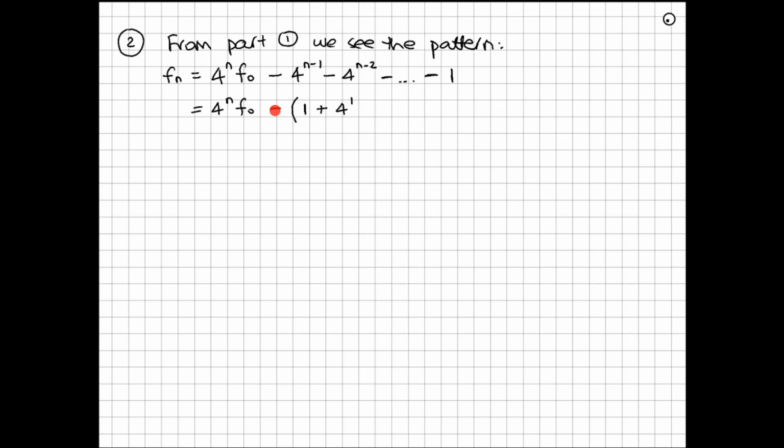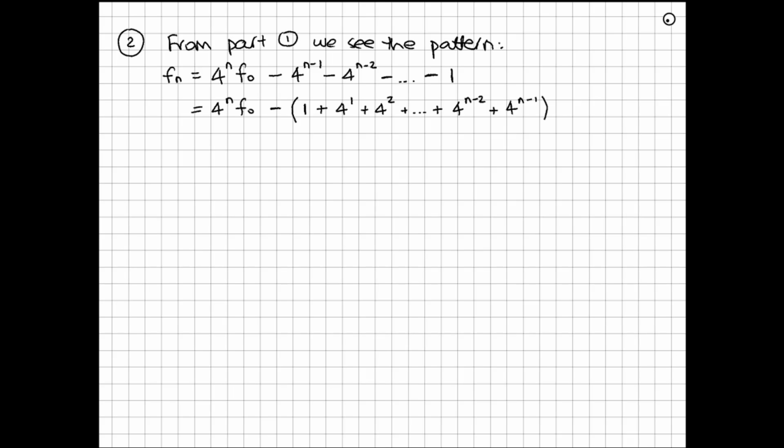And I'm plussing here because I've already factored out all my minuses. And then we'd have plus 4 squared, and so on. And we'd keep going until we end up here. So we'd have plus 4 to the n minus 2. And then finally we'd have our plus 4 to the n minus 1. And that's pretty much it.